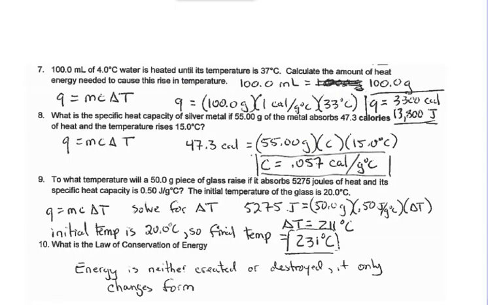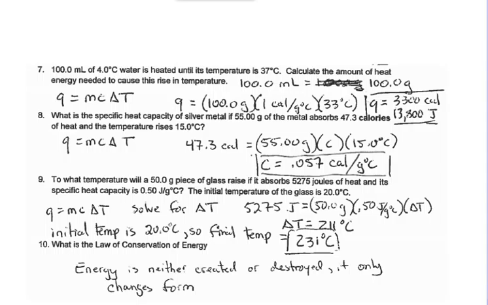Next page. Alright, number 7 is kind of the same idea. We have water. Now, the one thing you won't be given with water is its heat capacity. You should know the heat capacity of water. It is either used in calories or joules.